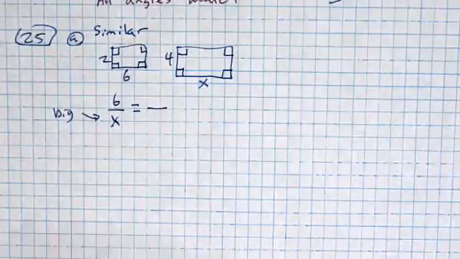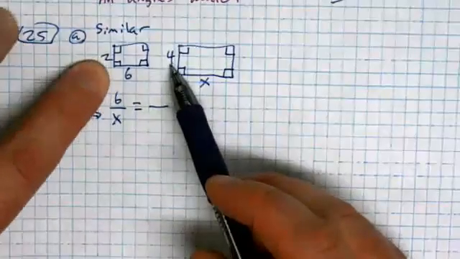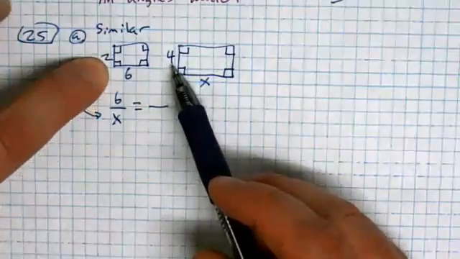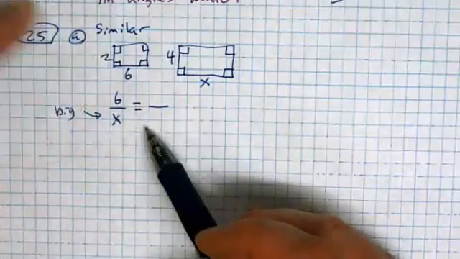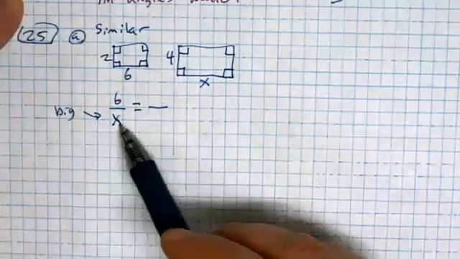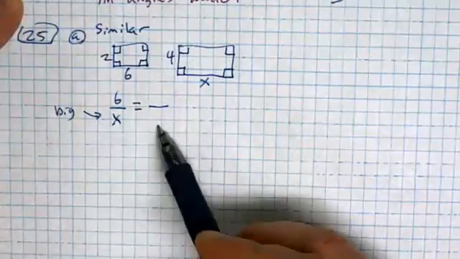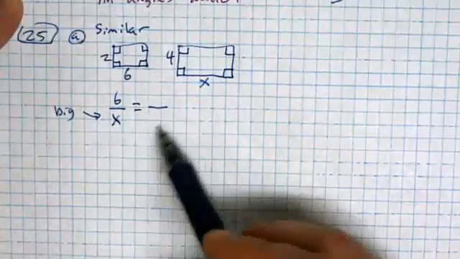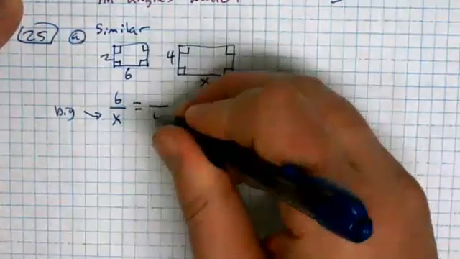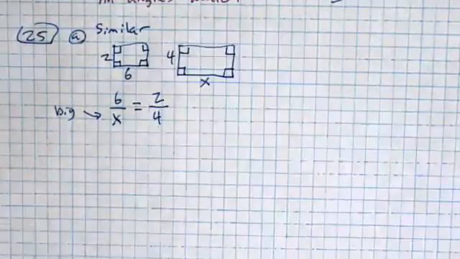And then I need to take my other 2 sides, the 4 and the 2. They should make another fraction. Now be consistent. We chose to put the bigger shape on the bottom here, so we need the bigger shape on the bottom here too. So what goes on the bottom here, the 4 or the 2? The 4 is from the bigger shape. It should go on the bottom, and the 2 should go up here.